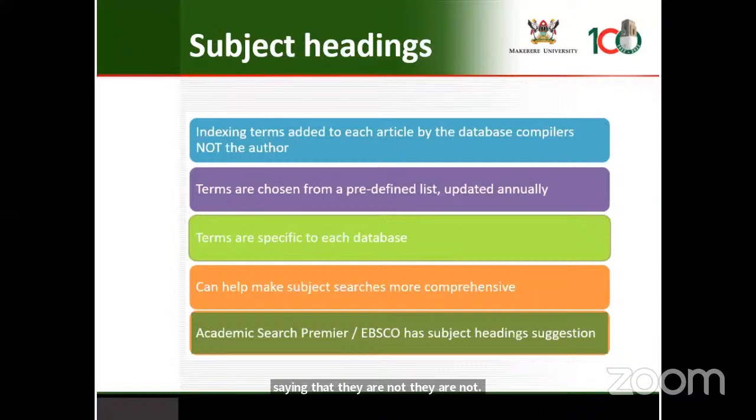But for those who have published, remember, if you go to a publisher's website, you find author guidelines. And the author guidelines may say that before you submit, make sure that you give 3 or 4 keywords.